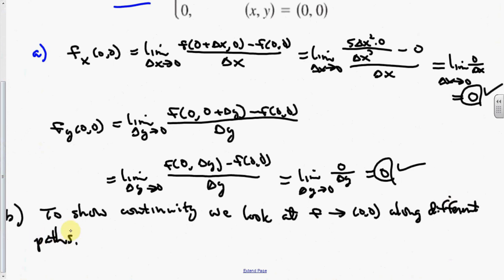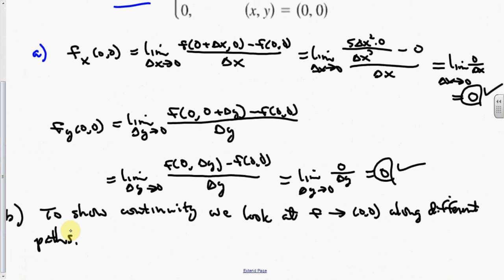It doesn't matter how you get to grandmama's house, you end up at grandmama's house. But what happens here, when you take different paths, I get different values, and that's not supposed to be. If it's supposed to be continuous, remember in calculus 1 we said that the left-sided limit must equal the right-sided limit for the limit to exist as x goes to a.